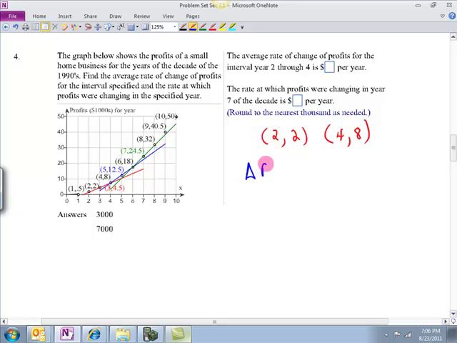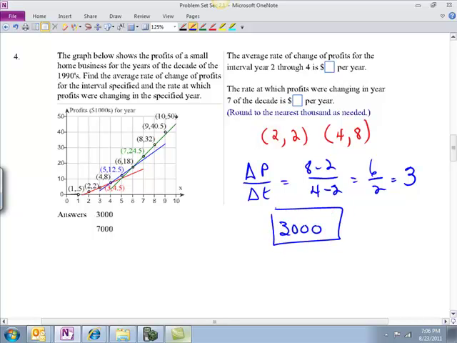We can call that the change in profit over time equals 8 minus 2 over 4 minus 2, which is 6 over 2, or 3. Does that make sense? That's the average rate of change, and it says it's per thousands, so that's 3,000 per year in those years. So that's the first thing there.